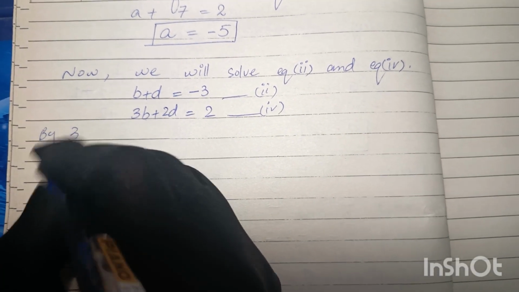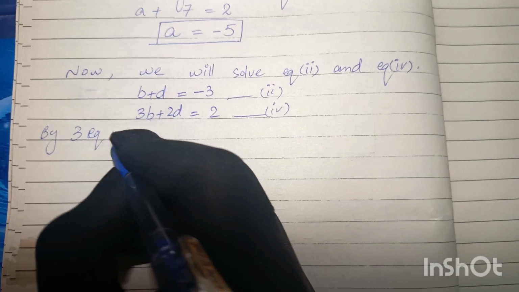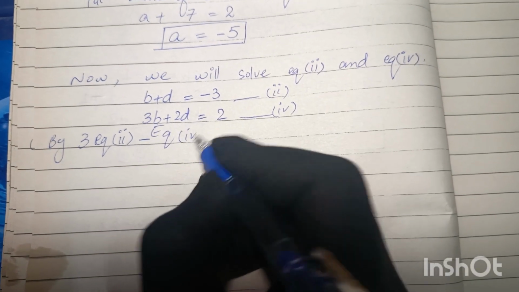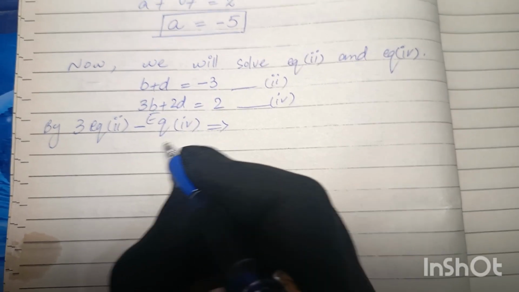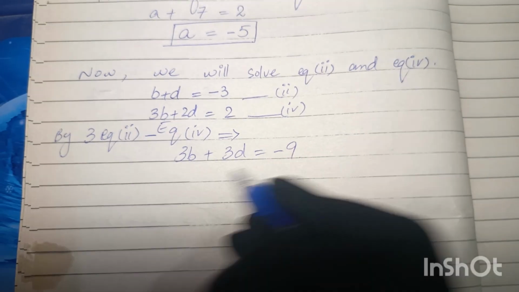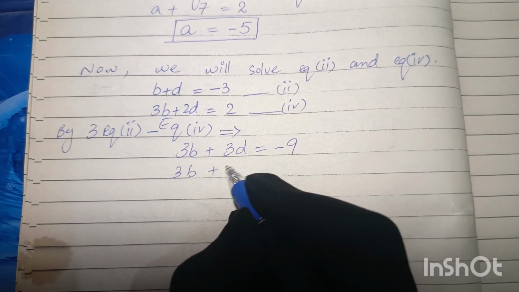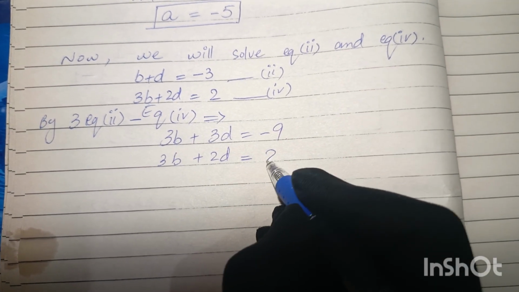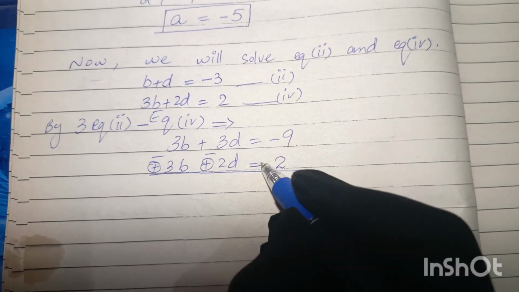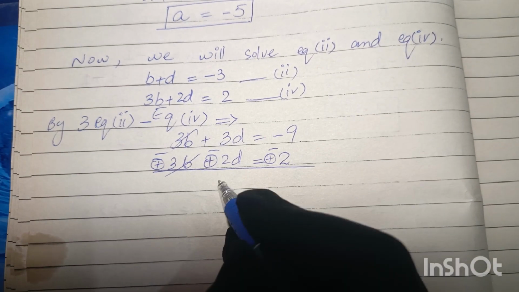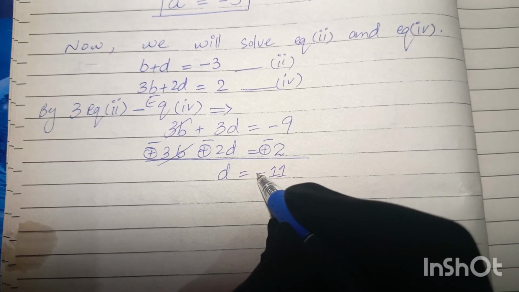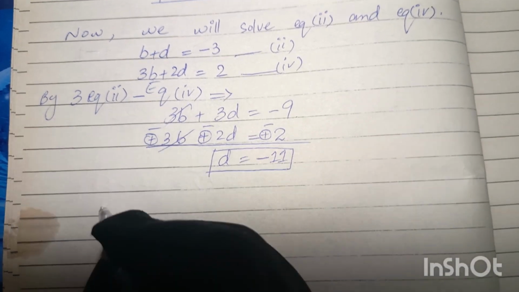So 3 times equation number 2 minus equation number 4 implies 3b plus 3d is equal to minus 9, and 3b plus 2d is equal to 2. So for subtraction we have to change the sign of all terms. So it is equal to d and minus 11. So value of d is minus 11.